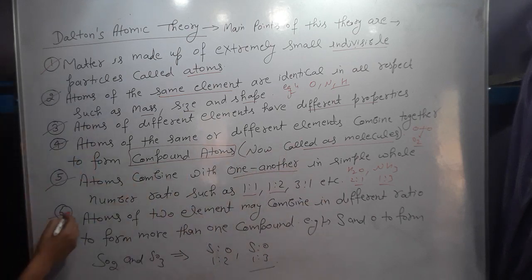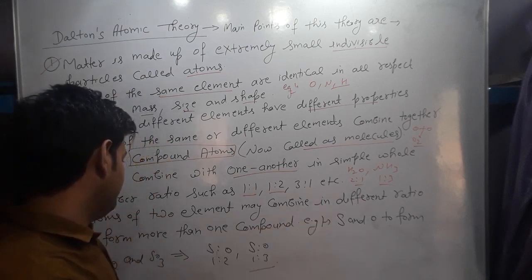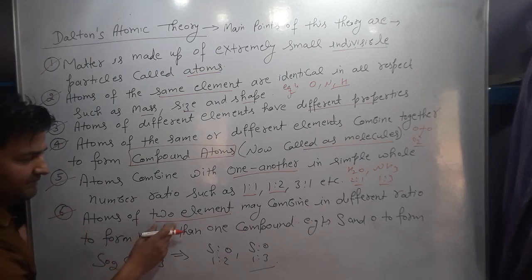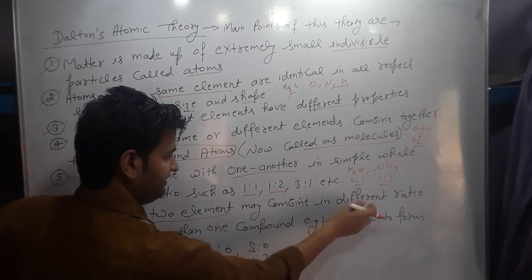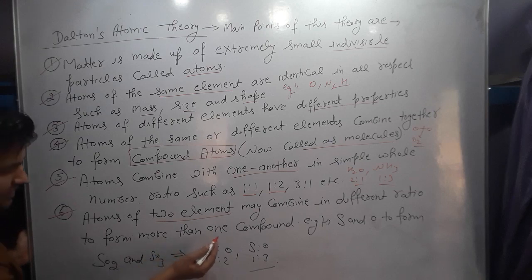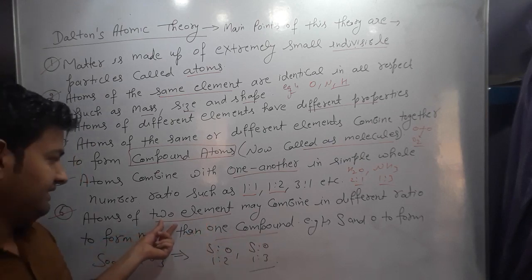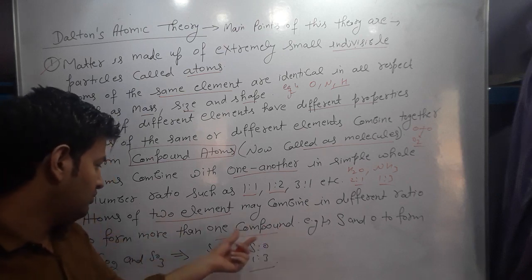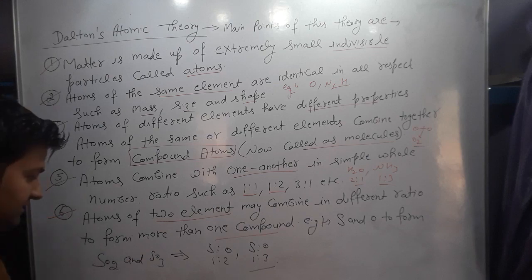Next, our sixth point is atoms of two elements may combine in different ratios. The main point here is two elements. Atoms of two elements may combine in different ratios to form more than one compound. दो elements हैं, they combine in different ratios and form more than one compound. Let's understand with the help of an example.